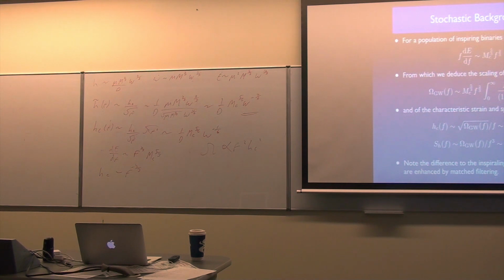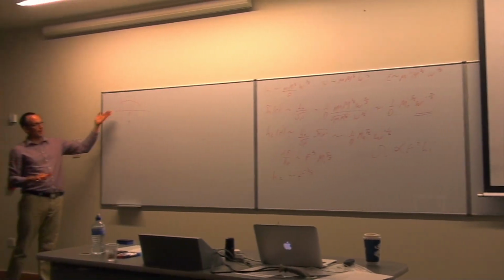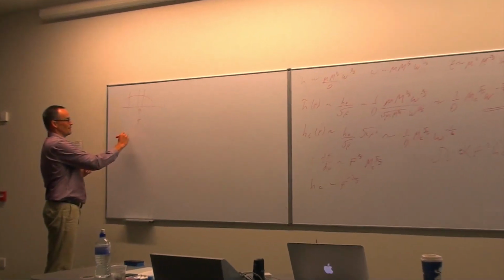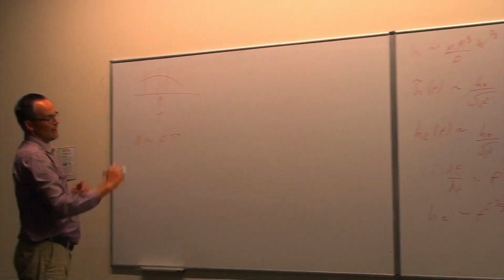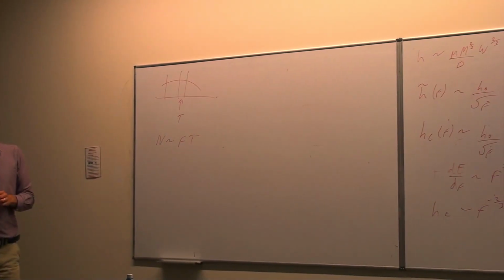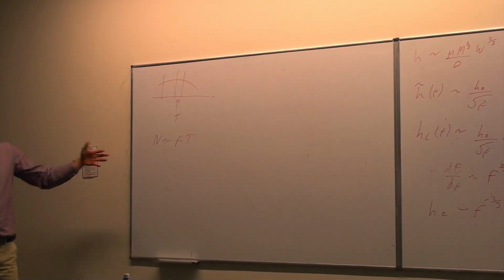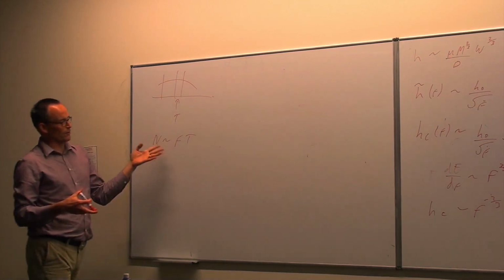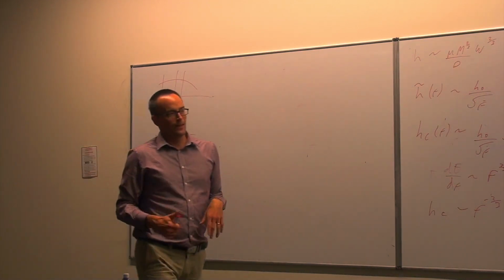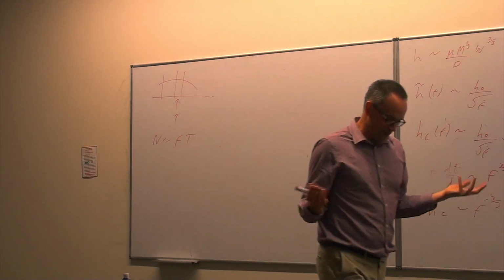Okay? Now, if you have a source that's inspiraling over frequency, and it spends a particular time t in a given frequency band, then the number of cycles it produces is just f times t. Okay, and so you enhance the signal by this factor of f times t. Now, for a background, we're not assuming we're doing any matched filtering.